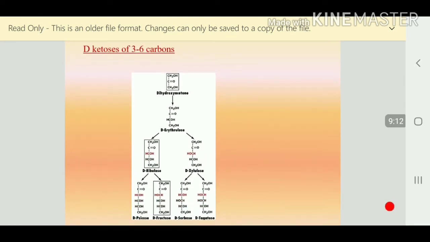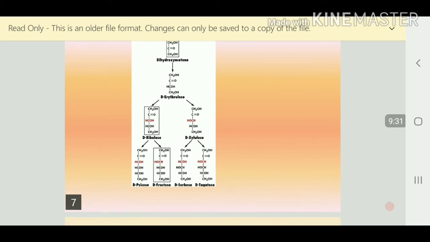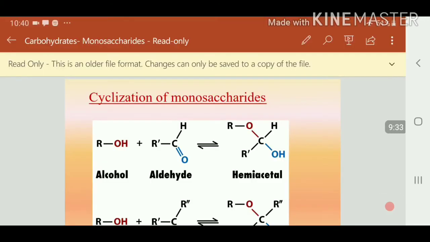Here in this slide you will notice dihydroxyacetone, a 3 carbon keto sugar. 4 carbon is D-erythrulose, that is tetrose. 5 carbon D-ribulose, that is pentose. D-fructose is a hexose.